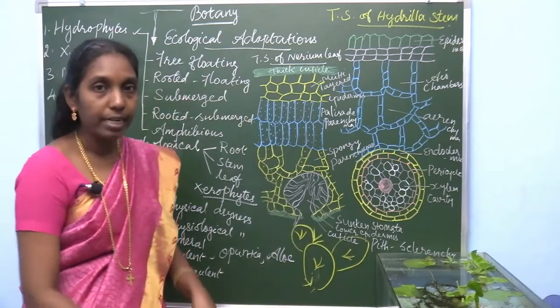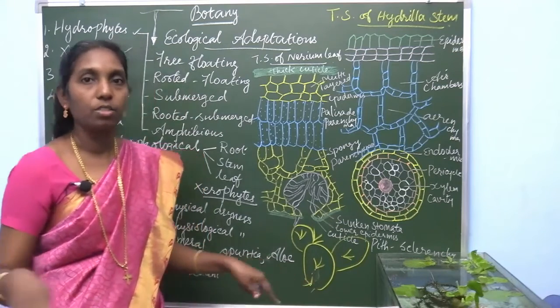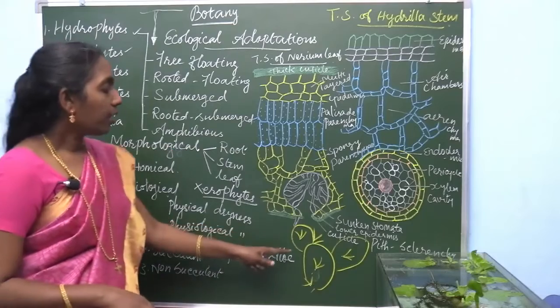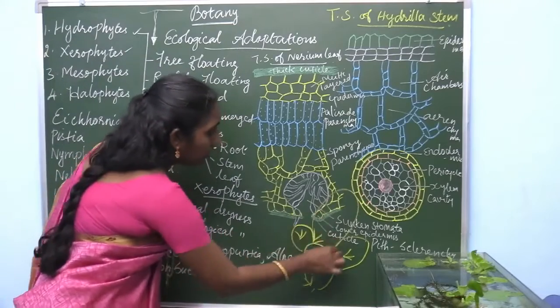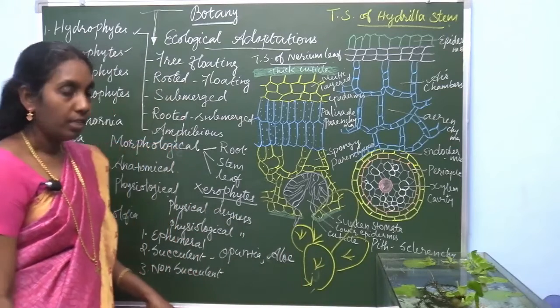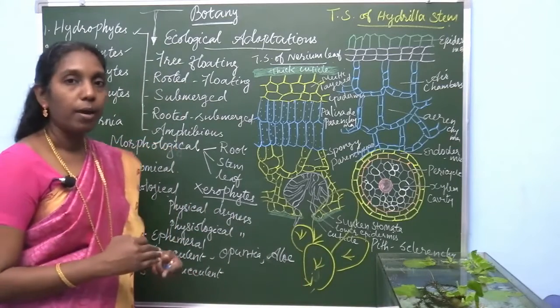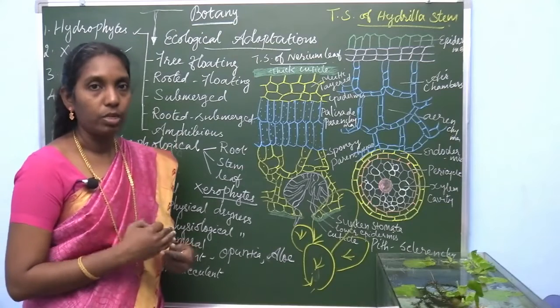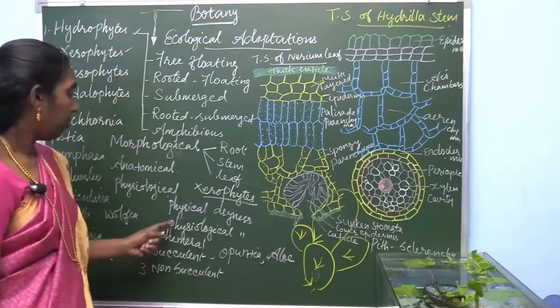It goes very deep into the soil in search of water. Compared to the shoot system, the root system is well developed and the root cap is also well developed.